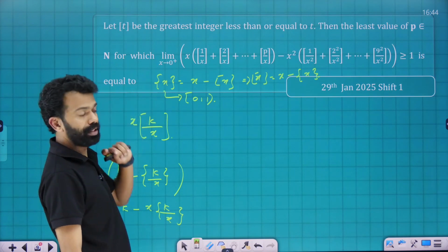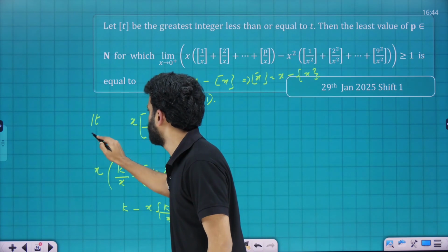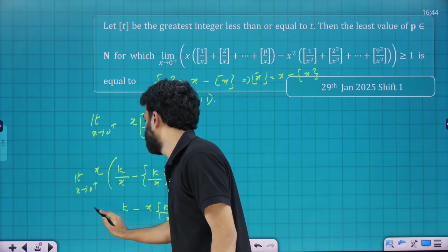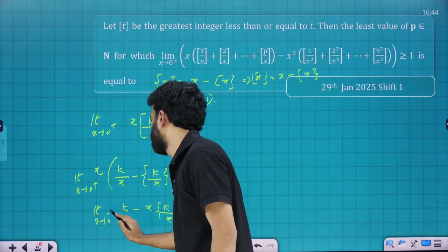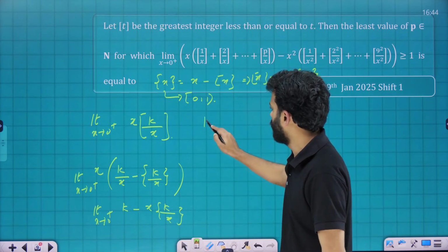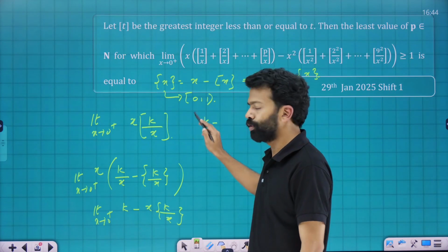But we need to apply the limit here as well. Therefore, we need to start from here: limit x tends to 0 plus. K is a constant. The value of the fractional part is shuttling between 0 and 1.